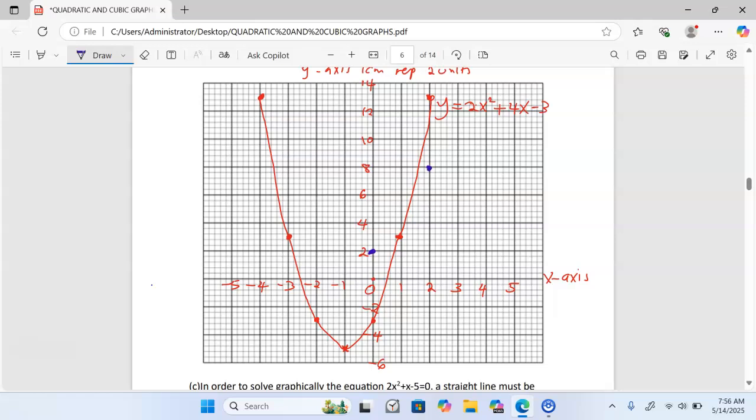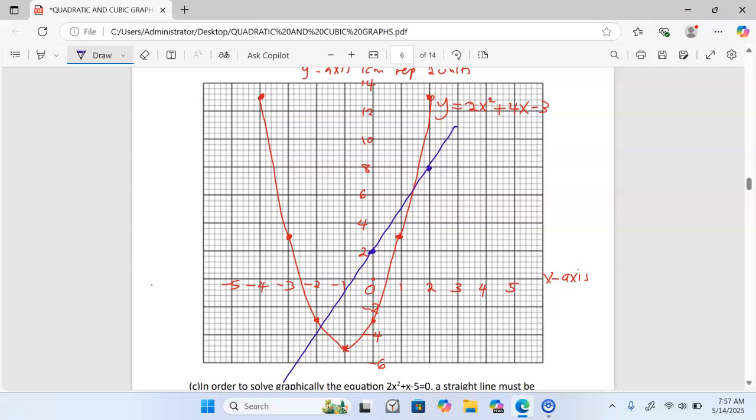Now we use a ruler to join the 2 points so that the line will intersect the curve. This is how we are going to do it. That is the line we have there.